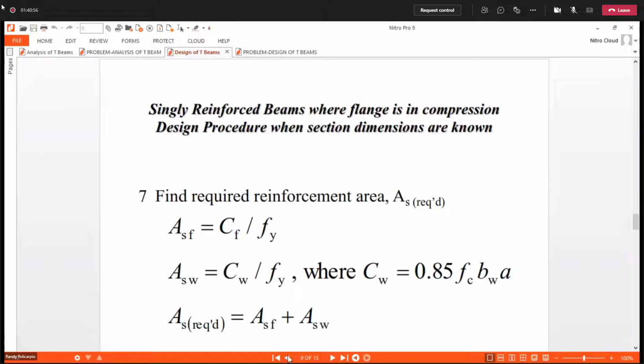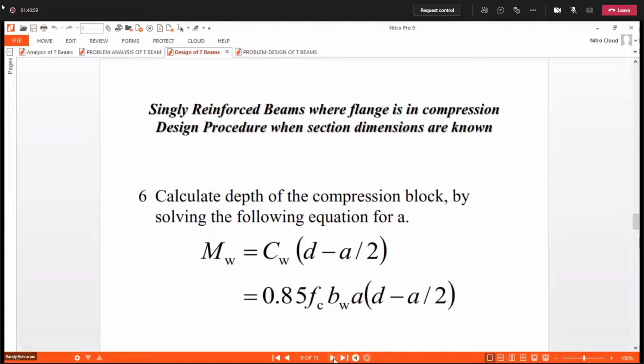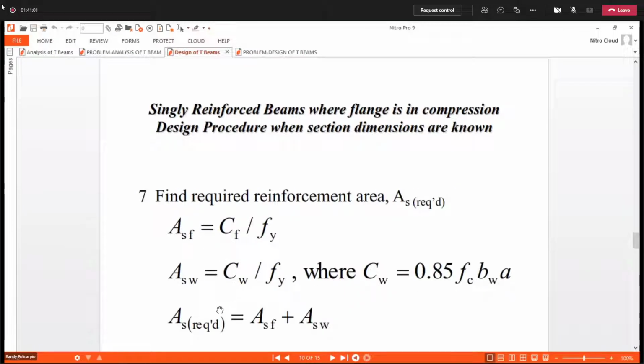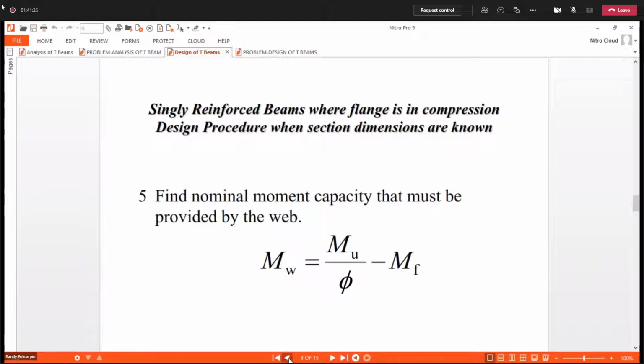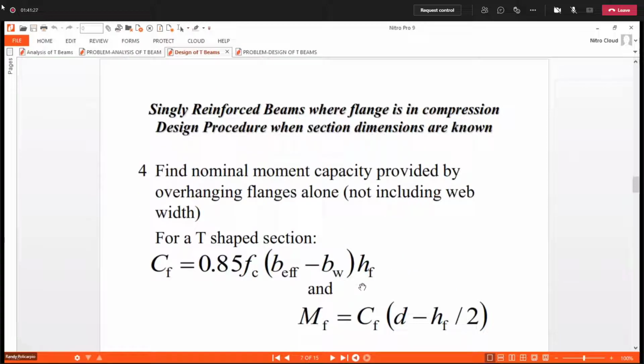So by the way, once you have your a, ito pala yung gagawin mo. You're going to solve for the As required, wherein a is used dito sa Asw, because Cw is equal to 0.85 f'c b w a, while Asf is Cf over fy. Yung Cf dito, ito rin yung formula mo. Kung ano yung formula mo dito, yun din yung gagamitin mo dito.